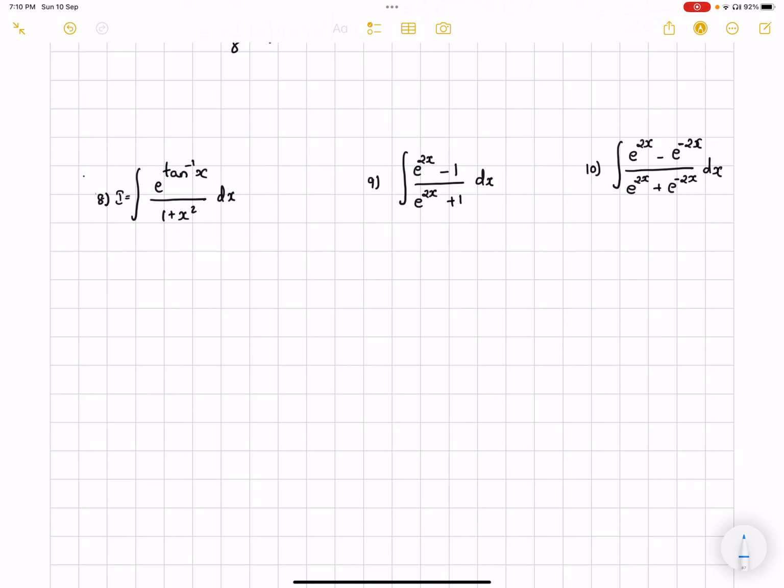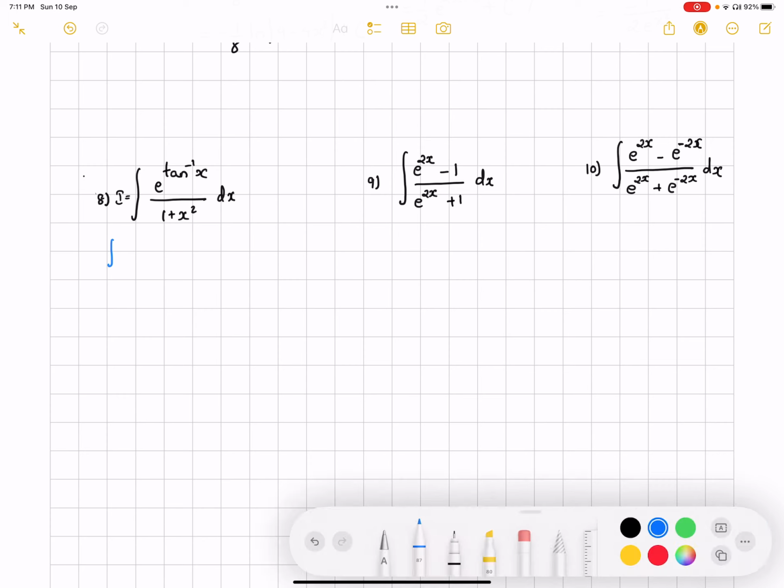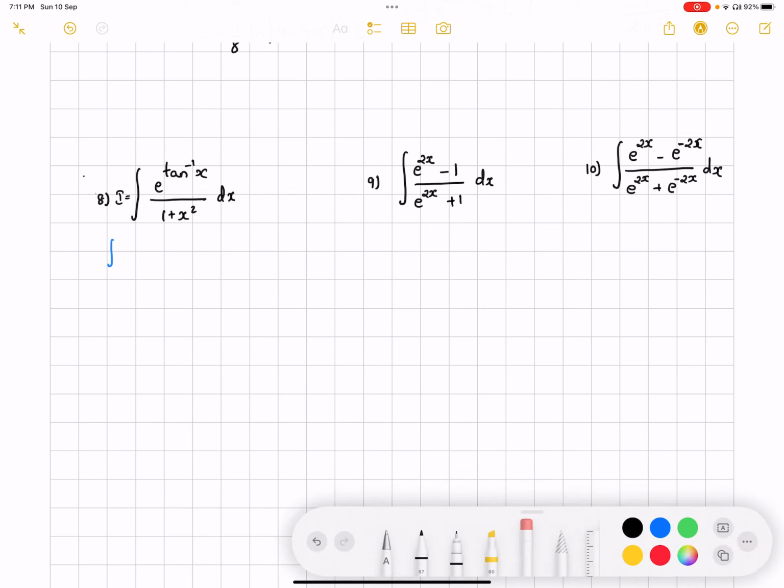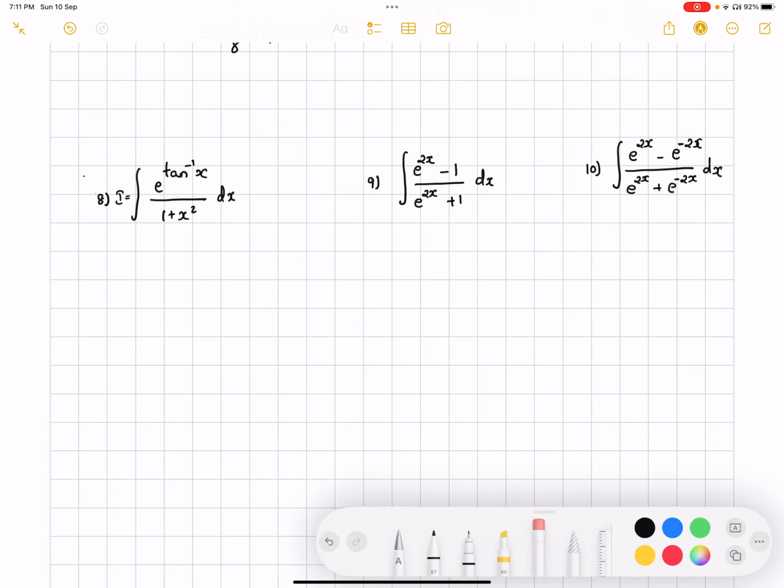Now, whenever you integrate, not integrate, sorry, I need to differentiate.